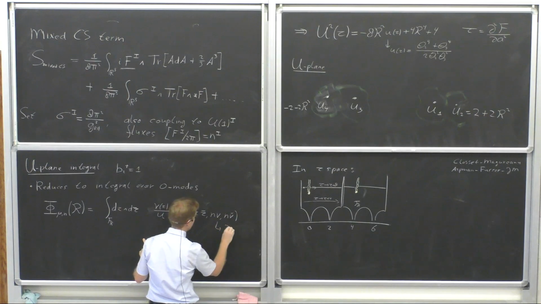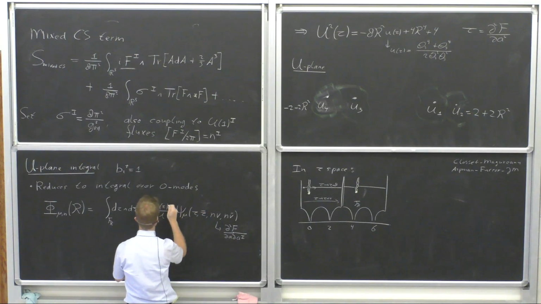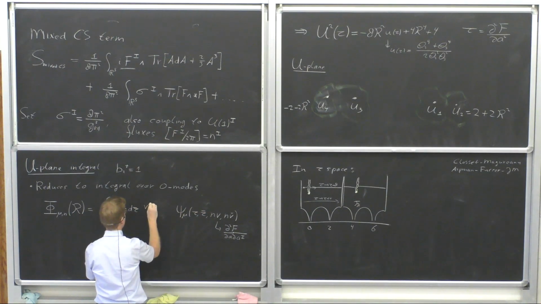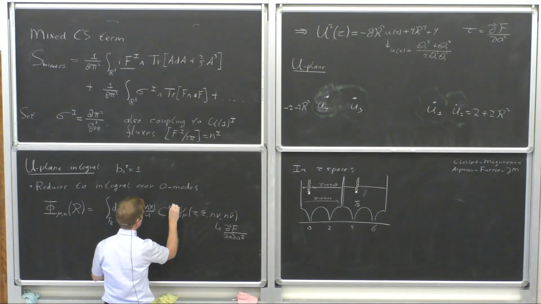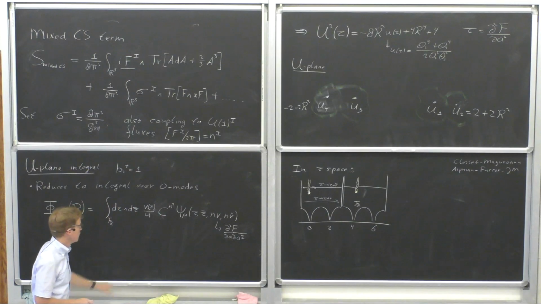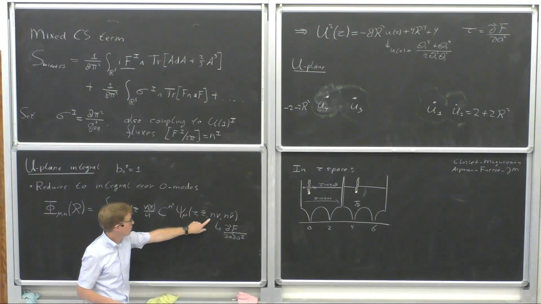This is a coupling, and actually, there's a c to the n squared, another coupling to this. This is the U1 flux to the background flux.